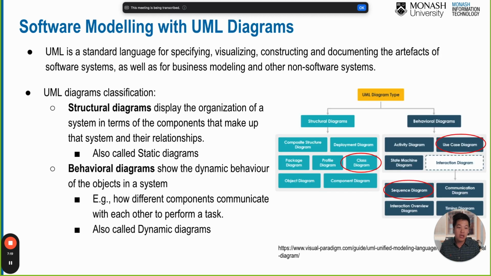Okay, so to have a standard visual language, people call it UML diagrams. It stands for Unified Modeling Language, which is a standard language for specifying, visualizing, constructing, and documenting the software system. And it's not just about the software system, but it can be used for business modeling as well.